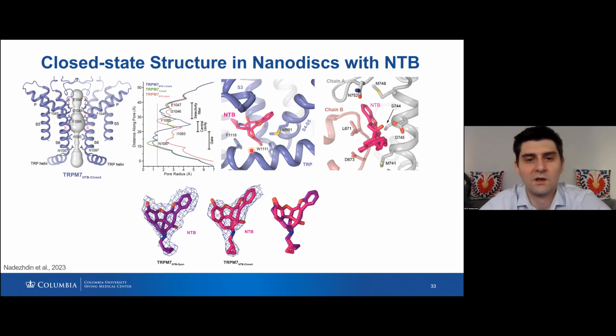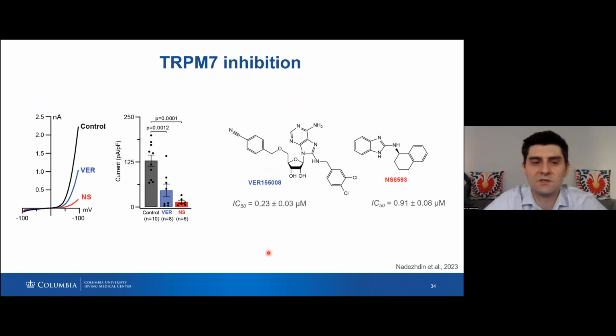So next, we decided to see: can we inhibit the channel? Can we find the site for TRPM7 inhibition? Because we know the binding site for activation, and we have some weird site where basically it does nothing, but can we find the site where we can inhibit the channel? And luckily, again, we have a lot of compounds that can be tested.